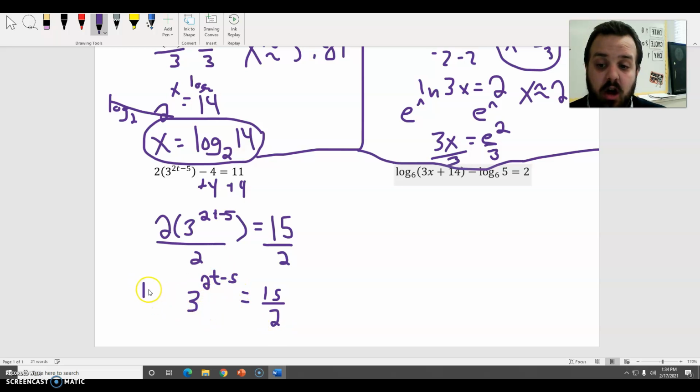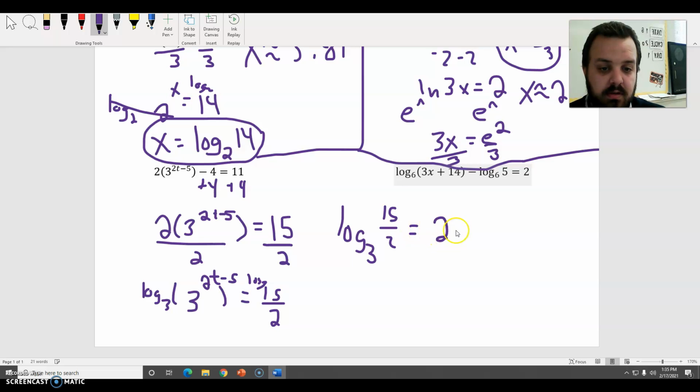Now I'm at where the exponential is by itself. I'm going to take the log base 3 of each side. So I'm going to have the log base 3 of 15 over 2 equals 2t minus 5.